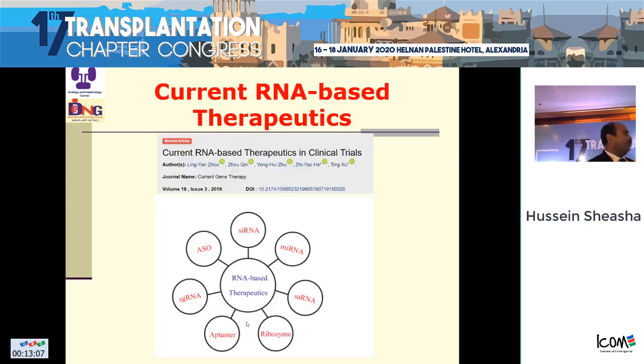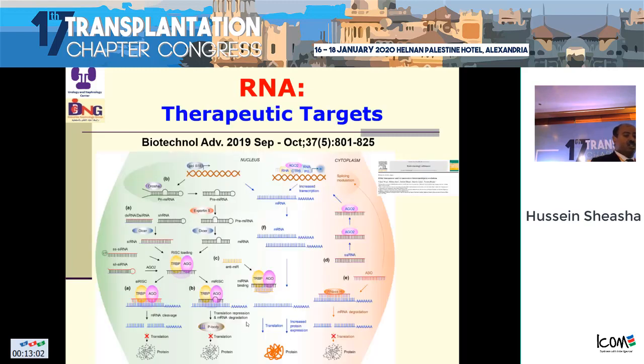There are a lot of systems that are currently used in research. And by the way, RNA interference therapeutic does not only mean stopping the bad protein synthesis, but it also includes activation of some depressed proteins.